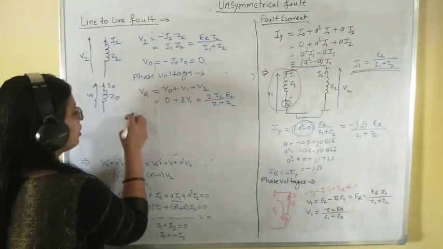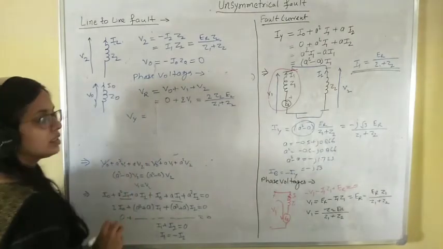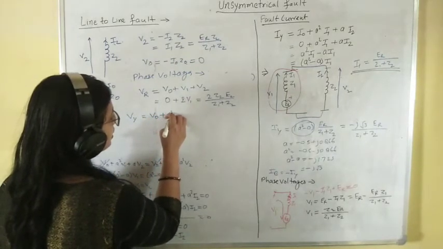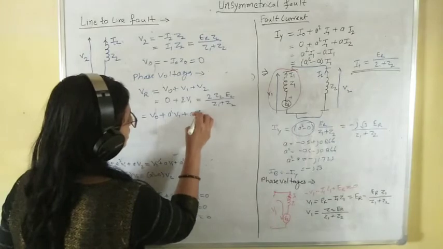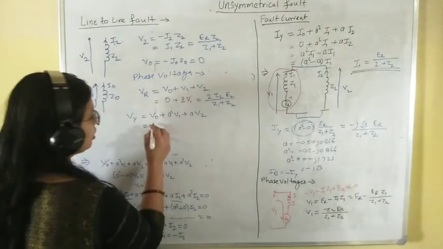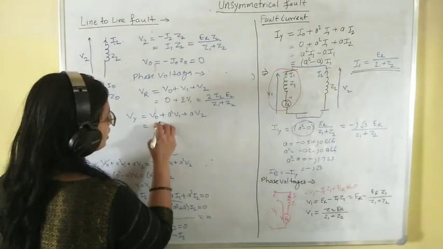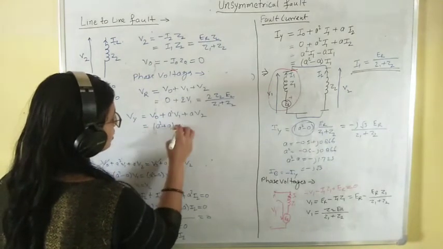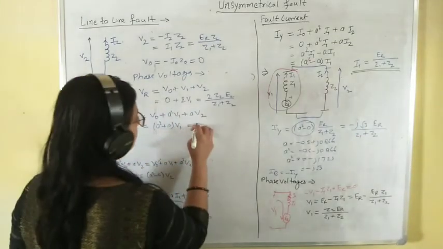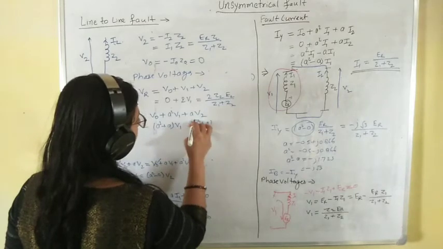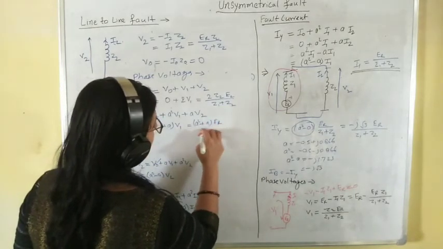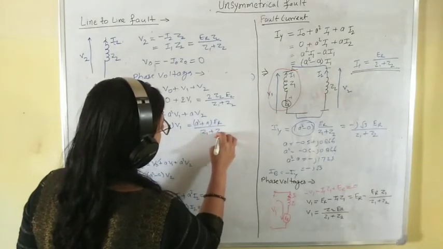Next, the VY phase. The VY phase value is V0 plus A square V1 plus A V2. Here again V1 and V2 are equal. So what can we write? (A square plus A) V1, and V1 value is ER upon Z1 plus Z2.